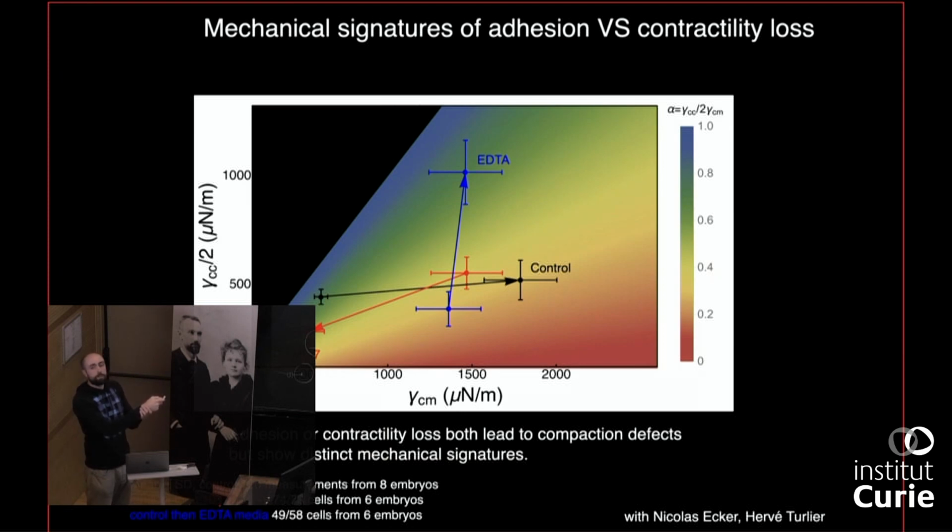Low adhesion corresponds to regions of high tension, high gamma CM, high gamma CC. So same aspect, decompacted, but different mechanical signature. Okay? And so now what we're going to do is we're going to use this mechanical signature to try and find out why some embryos fail at compacting.